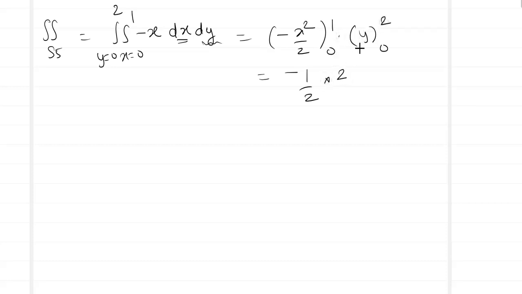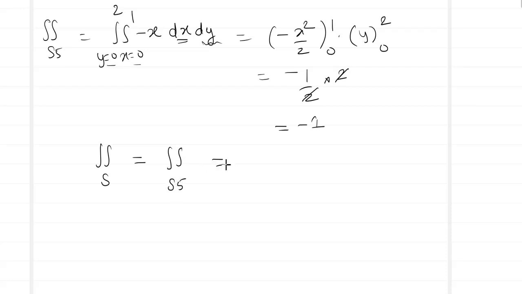I can do this because the two limits are constant. If they are constant, you can evaluate x separately and y separately. So this 2 and 2 cancel off, leaving you with minus 1. Therefore, the double integral over S, which was the addition of 5 surfaces, has only one surface for evaluation, which is my S5.